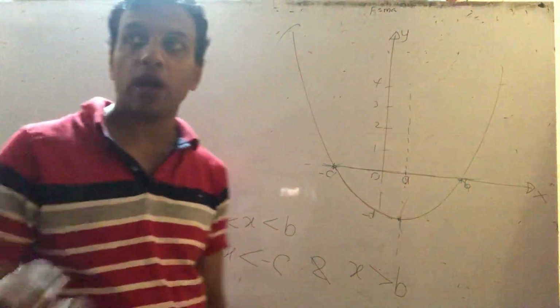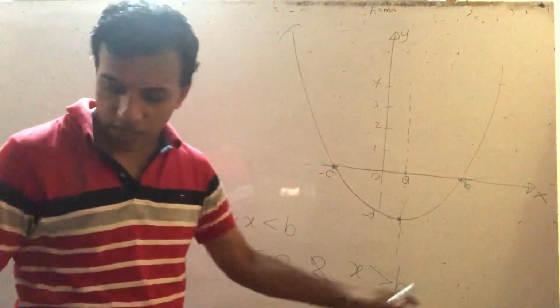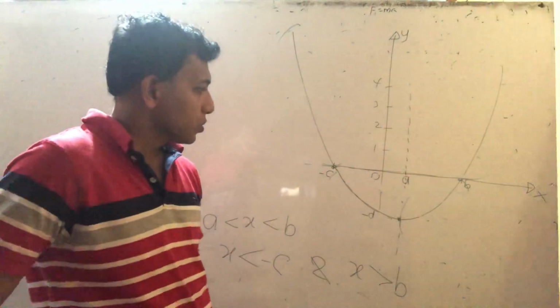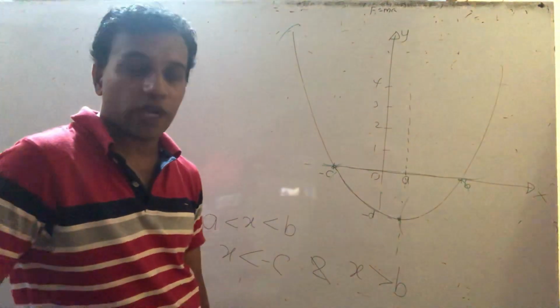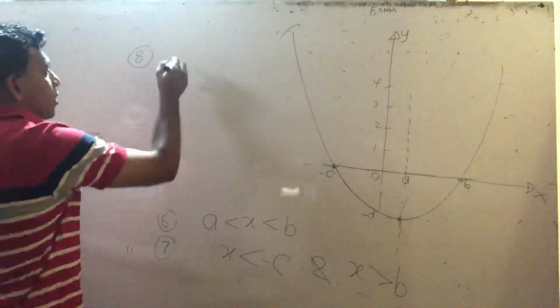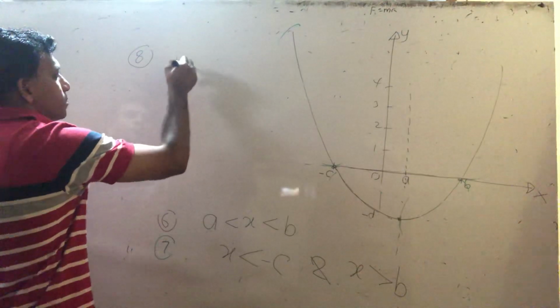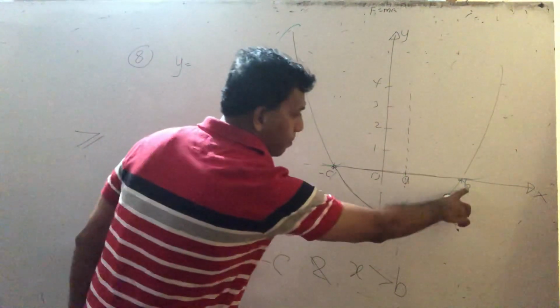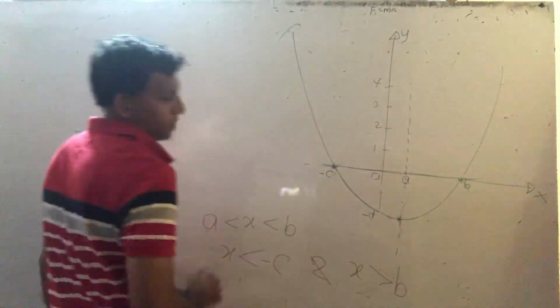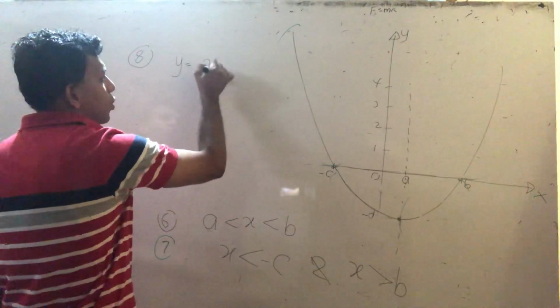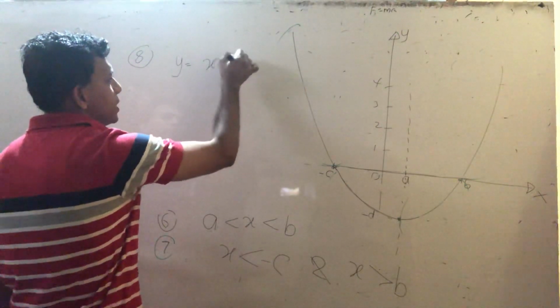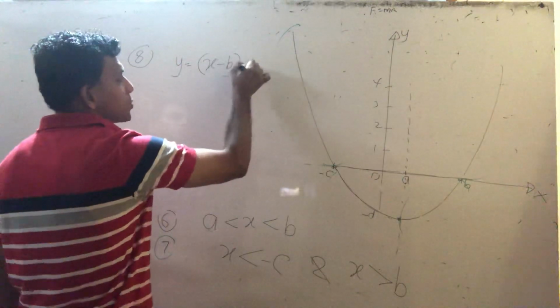That's an important part if you see all the past papers. There is this pattern. There are so many types of writing equations. I show just one. Y equal, the graph cuts here at b, here at minus c. Therefore, we write it like this: x minus b, x plus c.